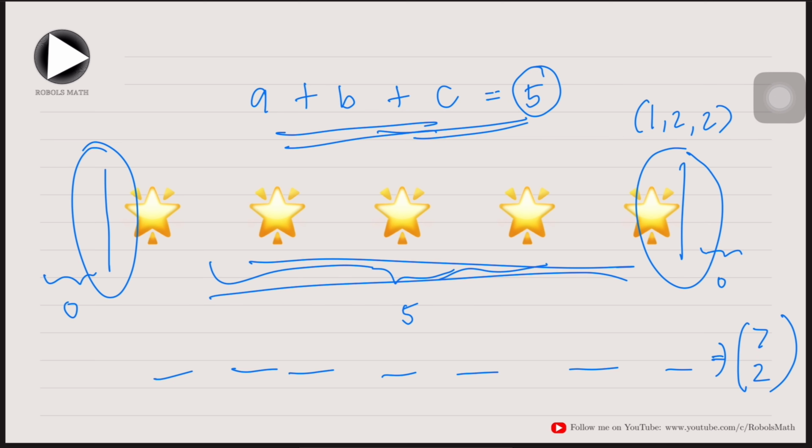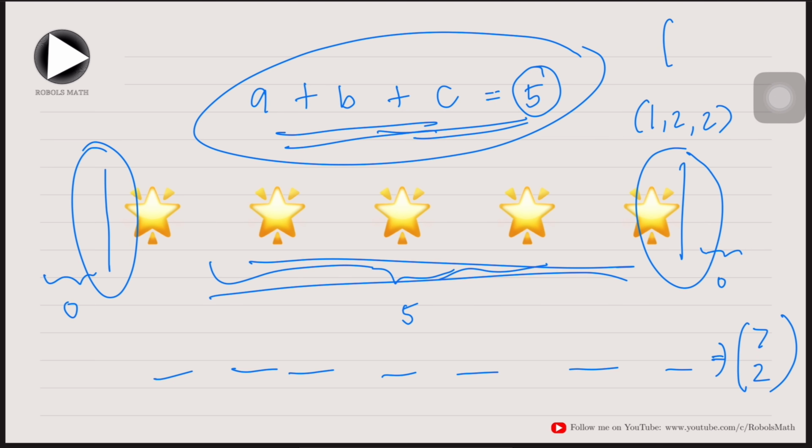So the number of solutions for this one is 7 taken 2. If it's not quite clear yet, I suggest that you watch a clearer explanation that I did in another video. It's a longer one, but it's more juicy, and you'll understand and appreciate the method more.